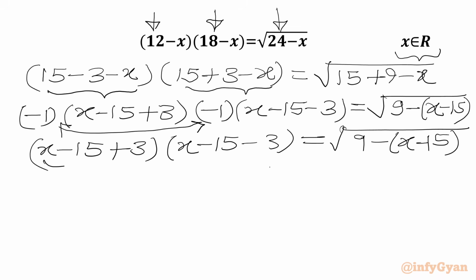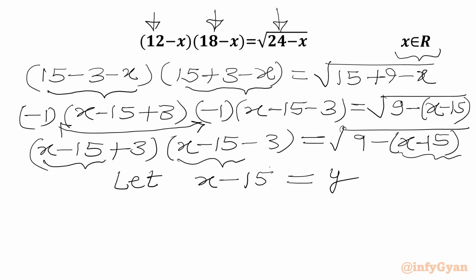Now we have x minus 15, x minus 15, x minus 15. So let us consider x minus 15 equal to y. We will write our equation in variable y.